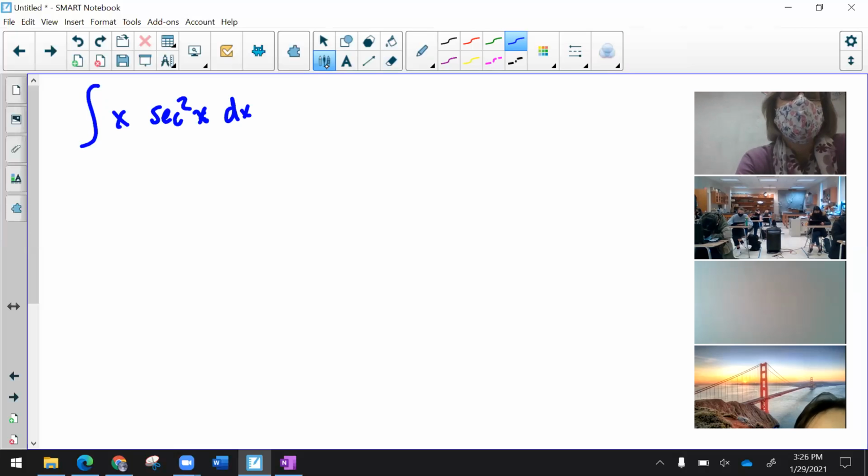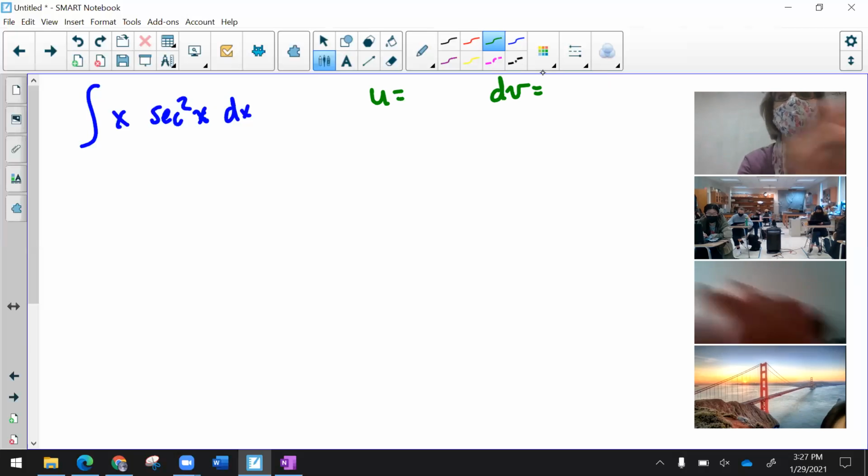So again, can you solve this by inspection? No. Can you solve this by u substitution? Probably not. So we've got integration by parts. So what are we going to let be u, and what are we going to let be dv? u is equal to x.